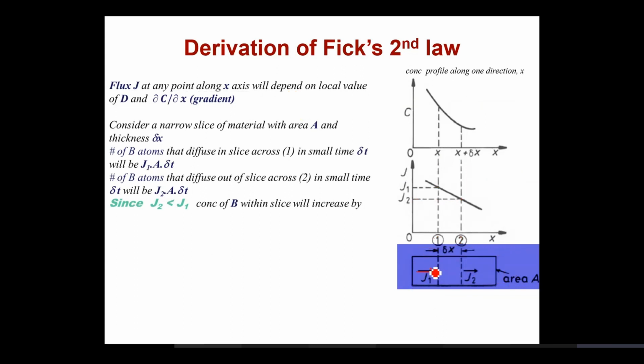If the species entering is more, flux J1 is more as compared to J2, तो इफेक्ट क्या होगा?